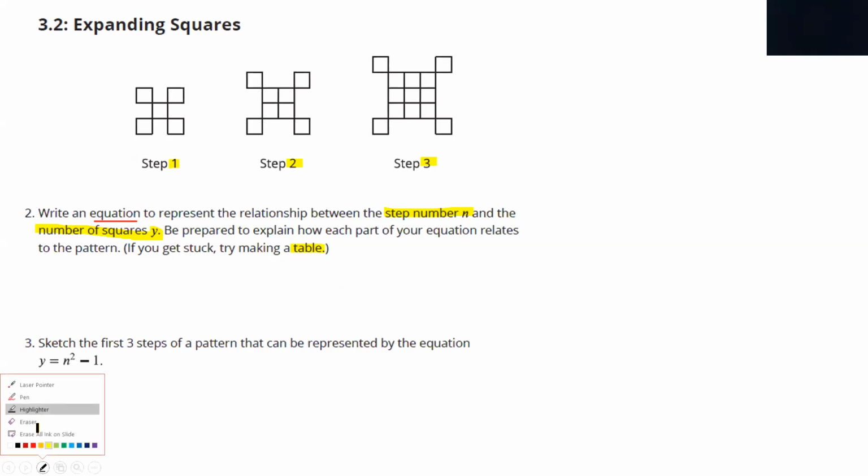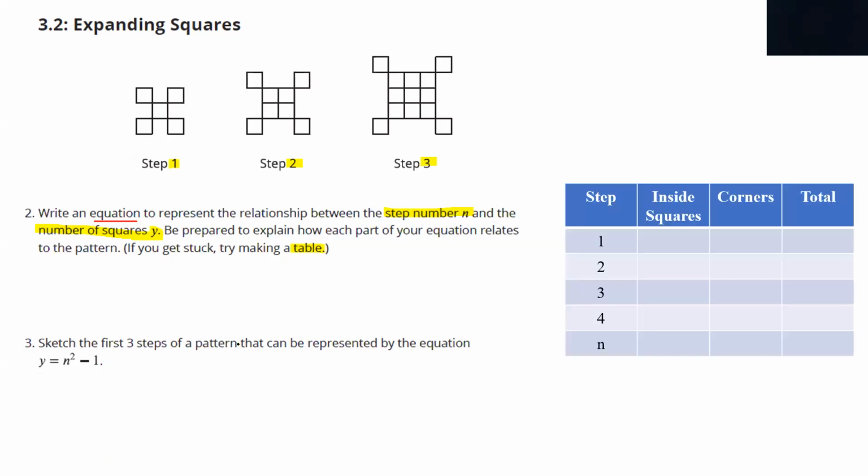So in order for us to do this, I'm going to help you with creating this table. What I want you to do right now is fill in the rest of the table. You're going to write for step 1, which is basically this figure here. This is step 1. I want you to fill out how many squares are inside, how many corners, and how many total.